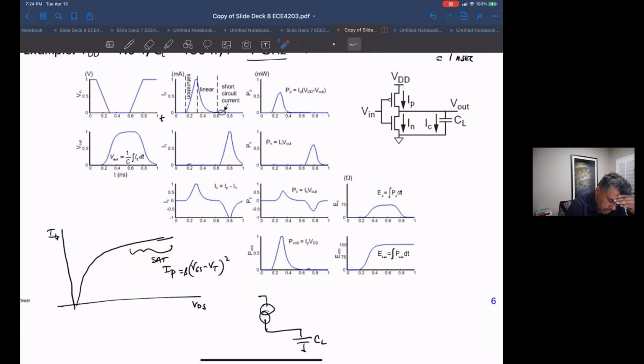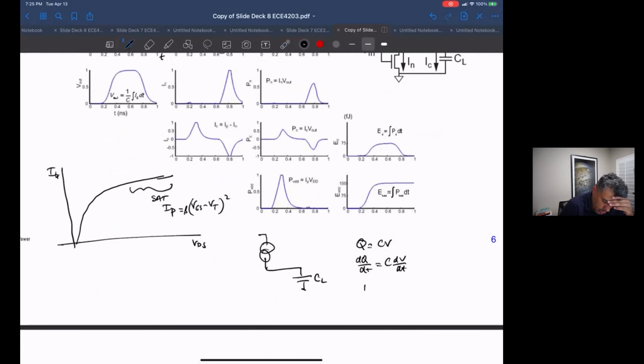As the output goes from 0 to somewhere out here, as long as this device is in saturation, it looks like a current source. Since Q equals CV, dQ/dt is C dV/dt, so current over C is the change in voltage with respect to time.